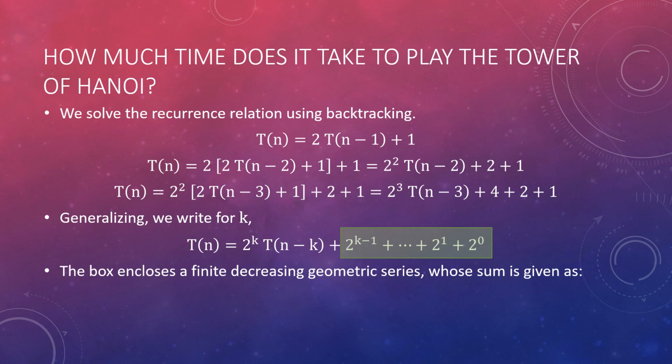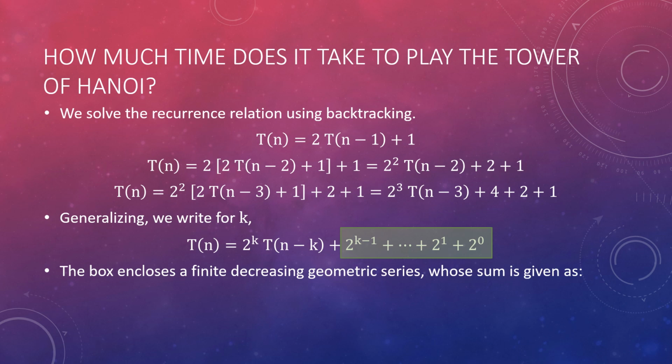Do you remember the summation formula? The sum of a finite decreasing geometric series is A in brackets 1 minus r raised to n, whole divided by 1 minus r. A is the first term, r is the ratio, n is the number of terms.